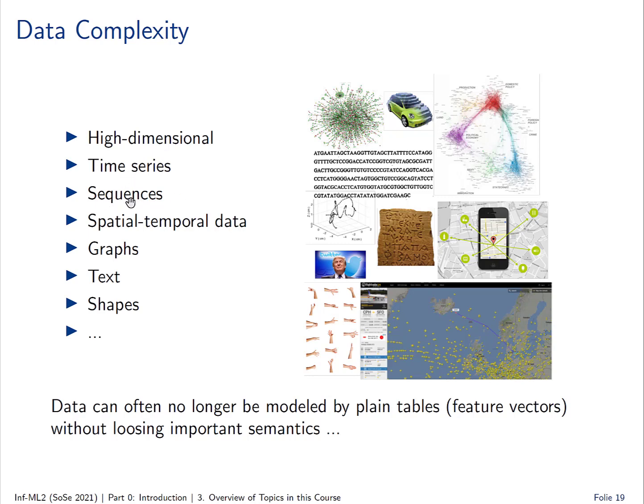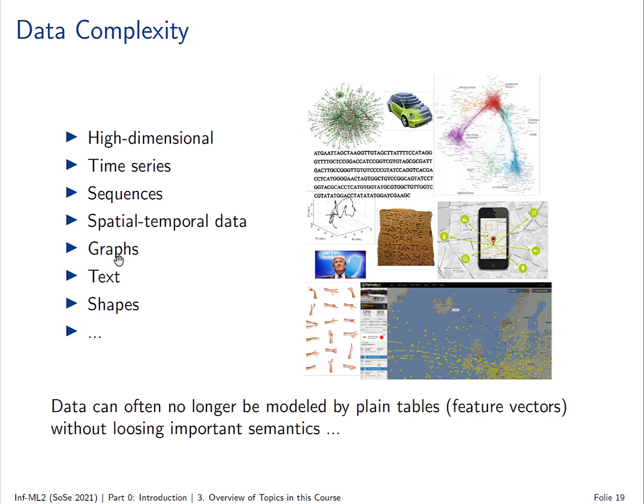We'll talk about sequences and spatial-temporal data. All those things have some kind of sequential nature in the data: not only time sequences, but general sequences. Spatial-temporal data is time sequences in a spatial, geo environment. So all those things are sequence stuff, so to say.